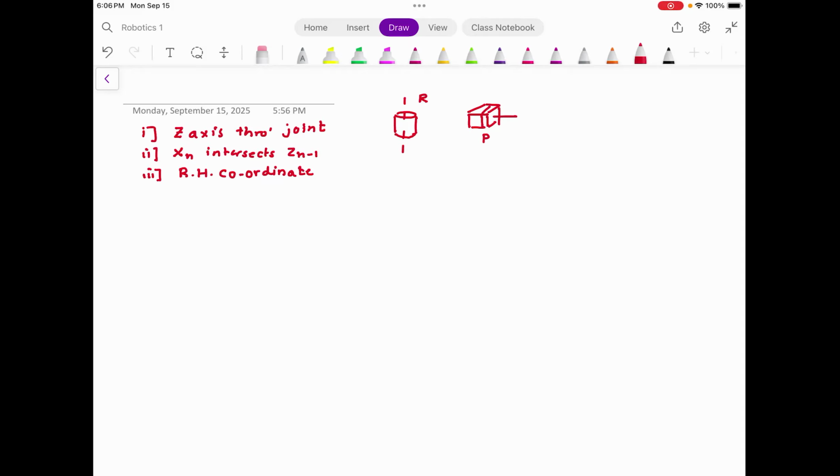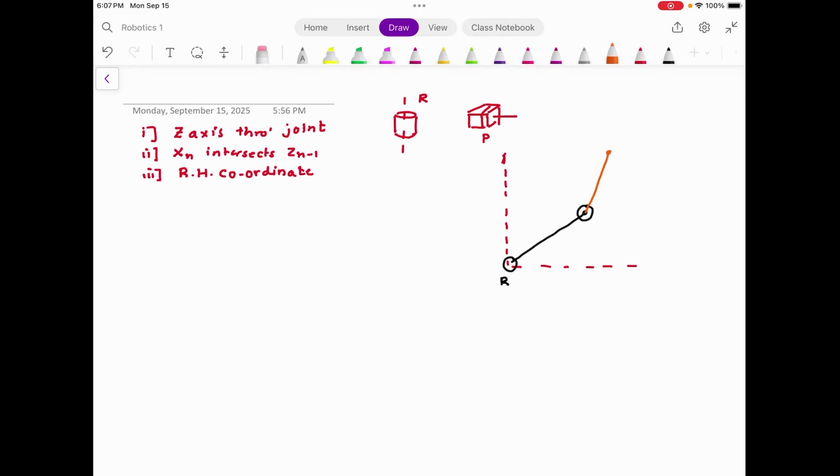What is forward kinematics? Let me define forward kinematics in a two-dimensional case. Imagine that I have a robot with one revolute joint over here, then a link, and a second revolute joint over here, and then this link number 2.